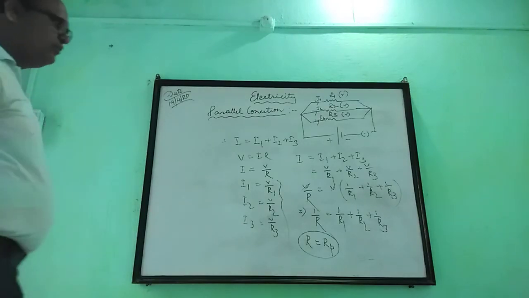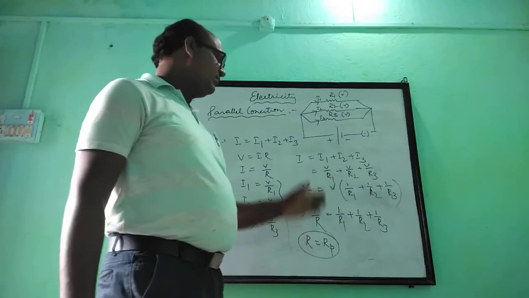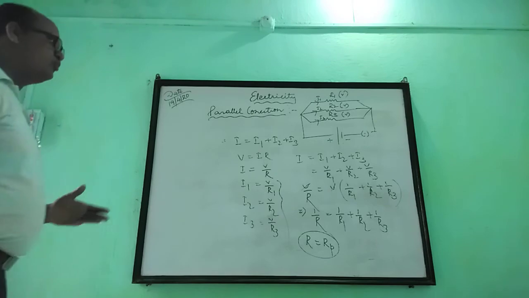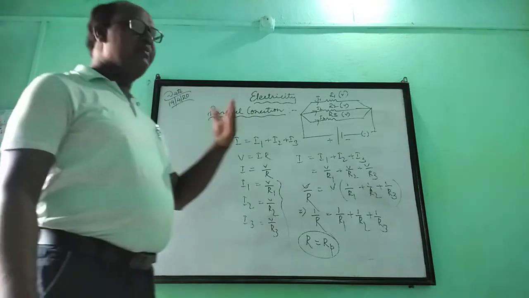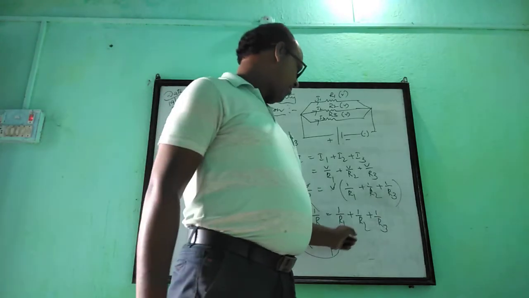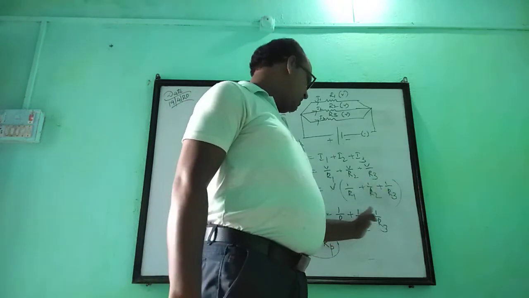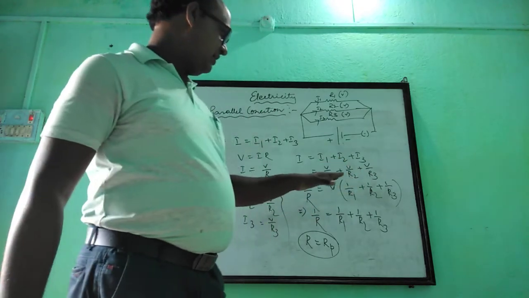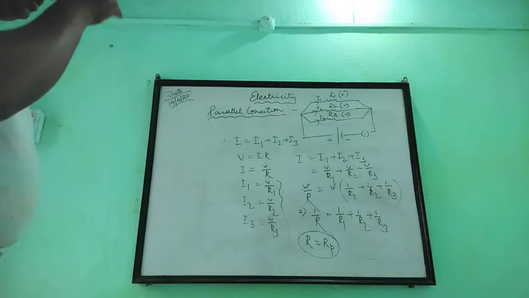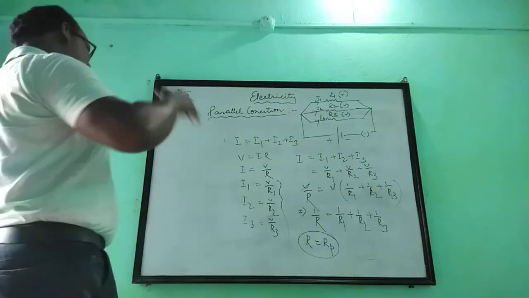In this way, we can prove 1 by R equals 1 by R1 plus 1 by R2 plus 1 by R3 and so on. If the number of resistors is increased, then the resultant resistance will be 1 by R1 plus 1 by R2 plus 1 by R3 and so on.